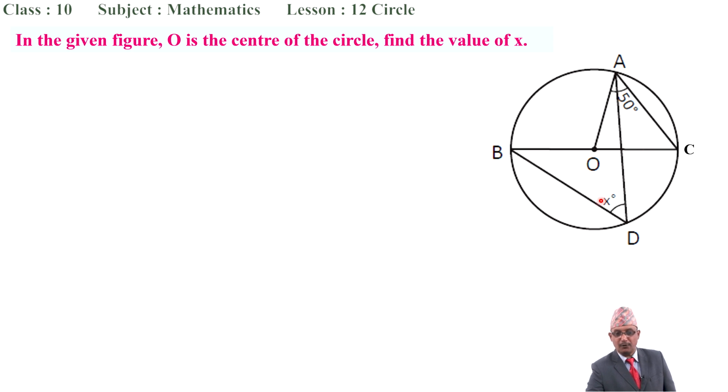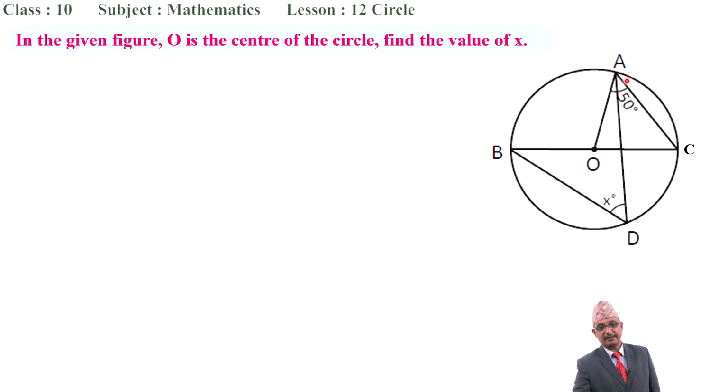But to find the value of x, which angle do we need? We need central angle AOB. How can we calculate central angle AOB? You have studied in class 9 that if a side of a triangle is produced, then you get an exterior angle. And exterior angle equals the sum of the opposite interior angles.